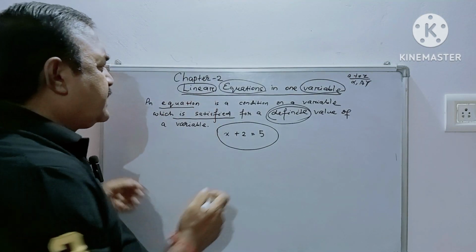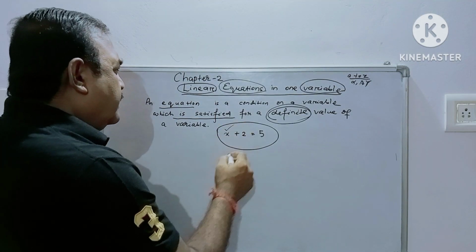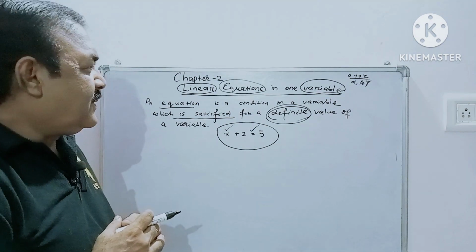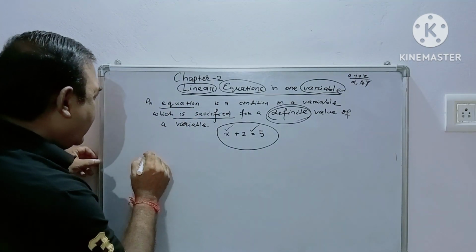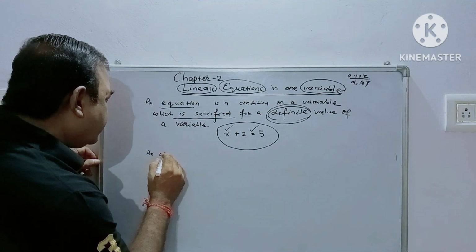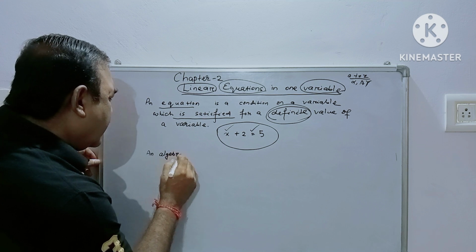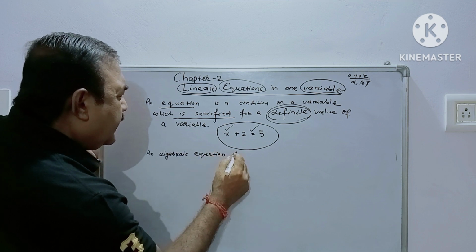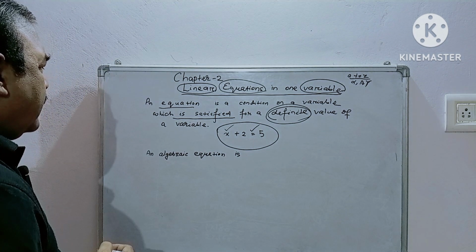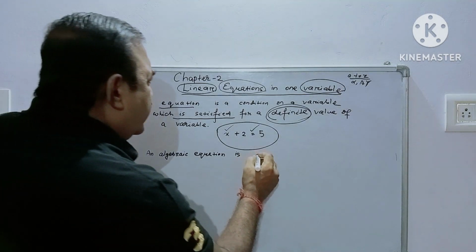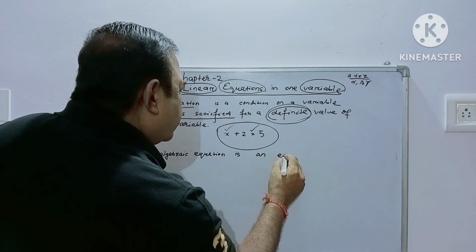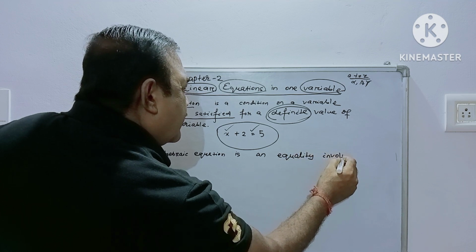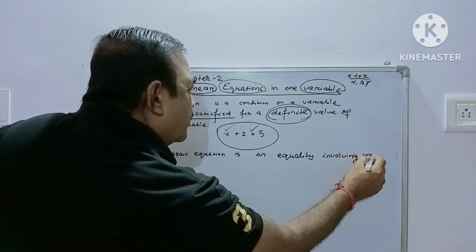How do you identify? You see, there is a variable, there is the sign of equality, and there are also constants. Yes or no? So we can tell an algebraic equation is, what is an algebraic equation? It is an equality involving variables.